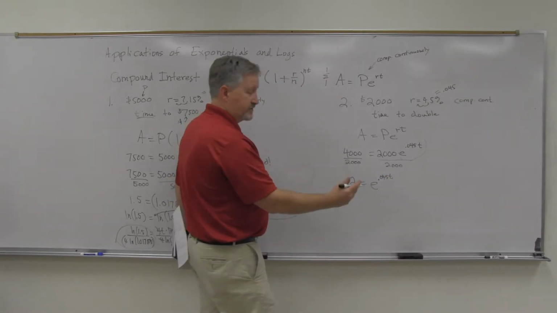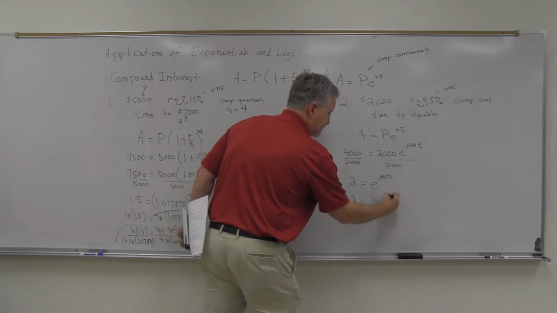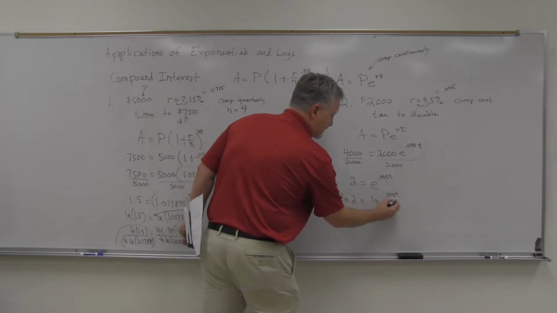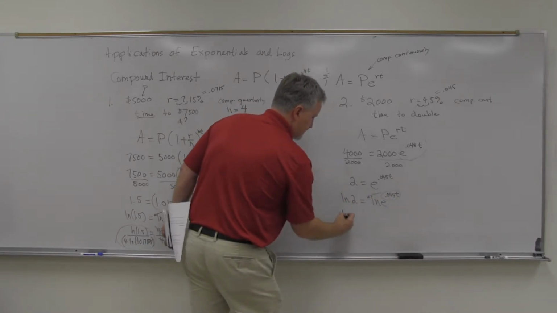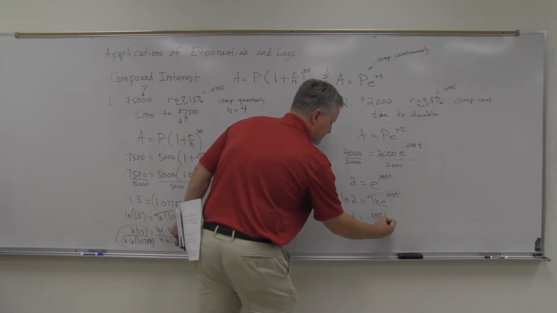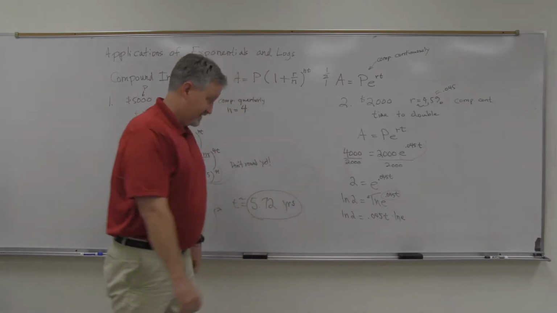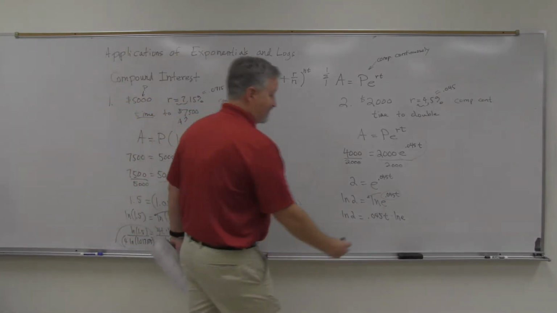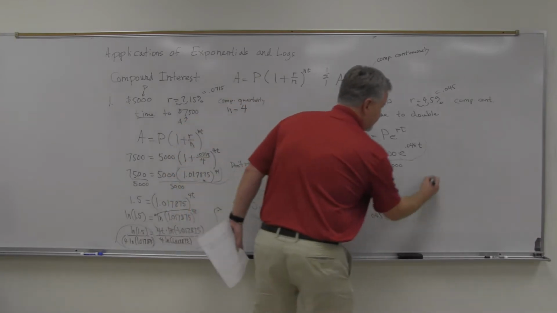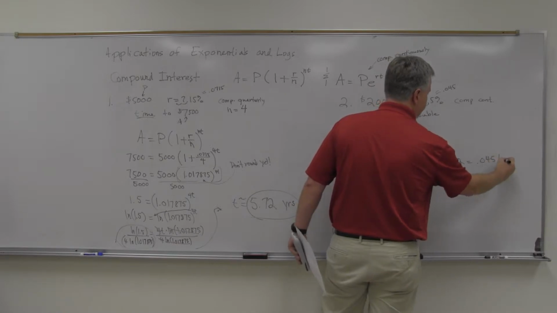Now I can ln both sides, so ln 2 equals ln e to the 0.045t. The exponent pops out, so it's 0.045t times ln of e. And ln of e is 1, so it's just ln of 2 equals 0.045t.